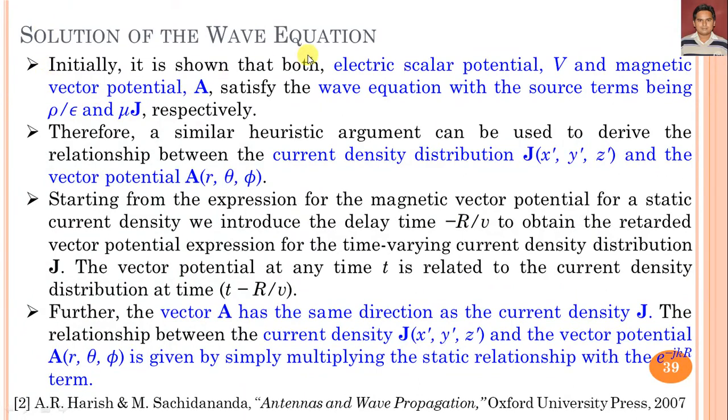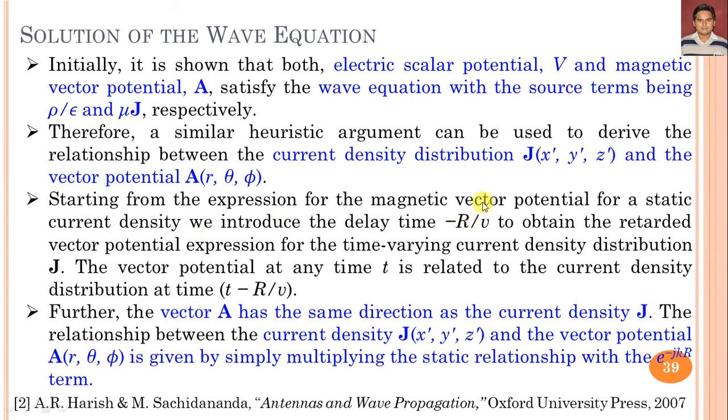Initially it is shown that the electric scalar potential V and the magnetic vector potential function A satisfy the wave equation, with the source terms being rho by epsilon and mu into J respectively. Therefore, a similar argument can be used to derive the relationship between the current density distribution J and the vector potential A(r, theta, phi).